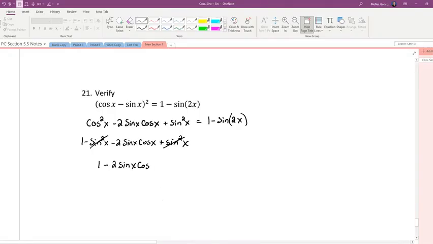And that's when I notice, oh, it's not sine of x that I'm trying to get, it's sine of 2x. And sine of 2x, we know, is 2 sine x cosine x. I have a 2 sine x cosine x, so I can put that back together as the sine of 2x, and I am done.